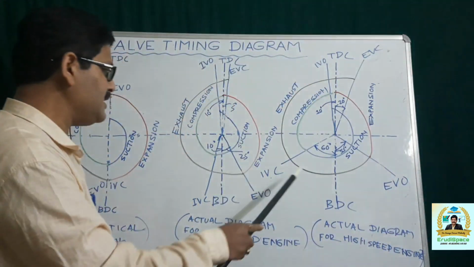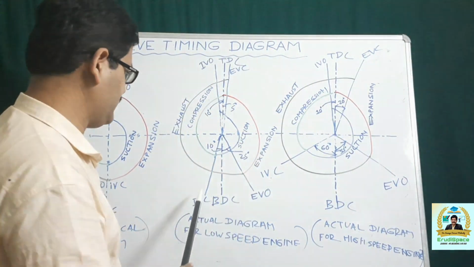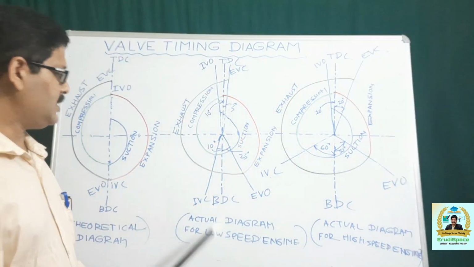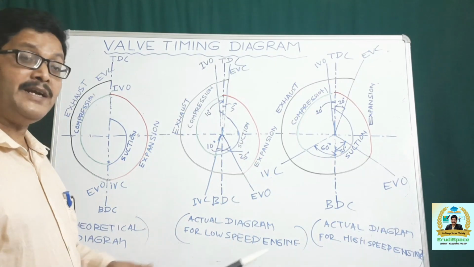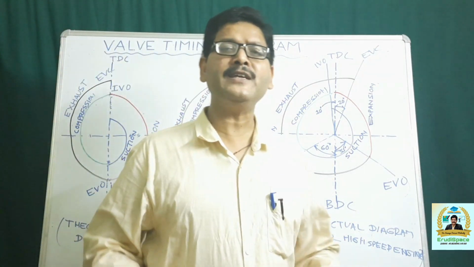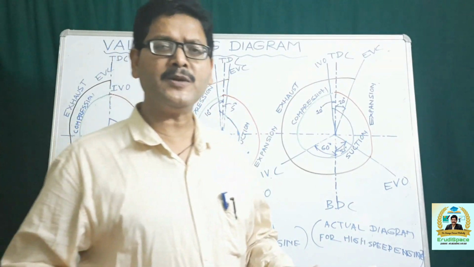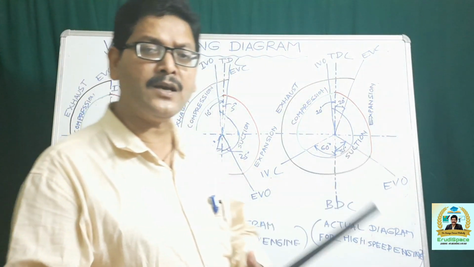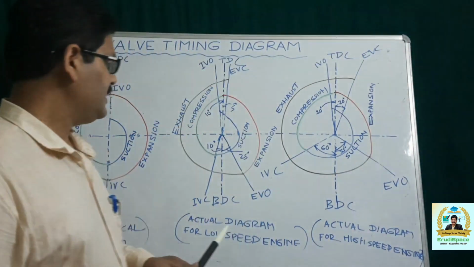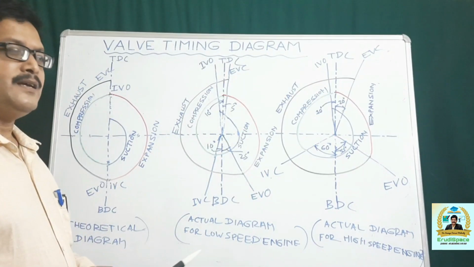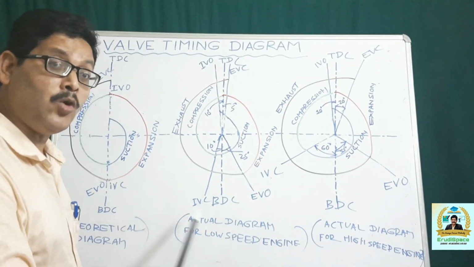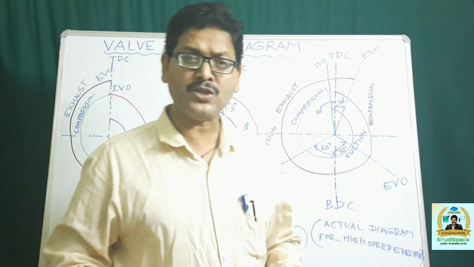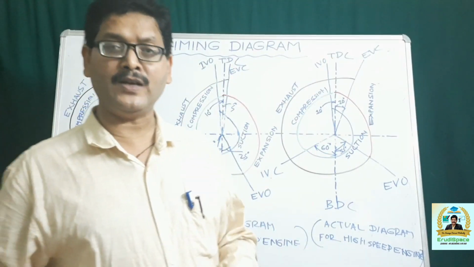The exhaust valves in both the cases are opened few degrees before the bottom dead center. Why it is done? Because if it is opened few degrees before the bottom dead center, by the time it reaches the BDC, it would be in completely open position. Similarly, if it is not opened before the bottom dead center position, we will face another difficulty.